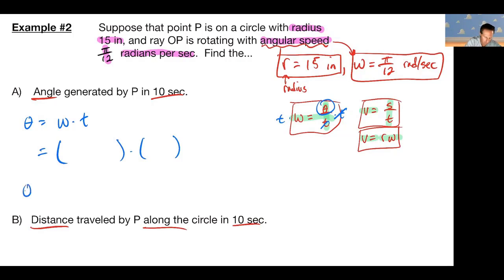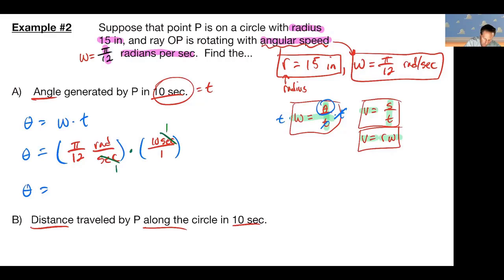We have our theta. So the omega for this one was pi over 12 radians per second. And then our time was, for this example, 10 seconds. And if you notice, what ends up happening is the seconds cancel out.